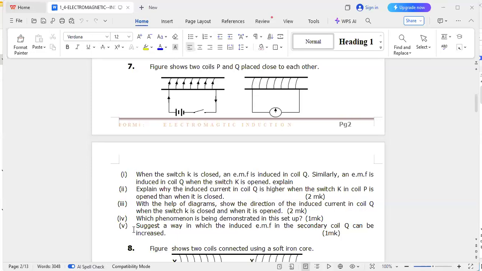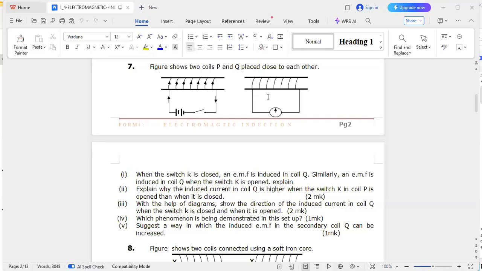Roman 4, which phenomenon is being demonstrated in this setup? This is mutual induction. Roman 5, suggest a way in which the induced EMF in the secondary coil Q can be increased.